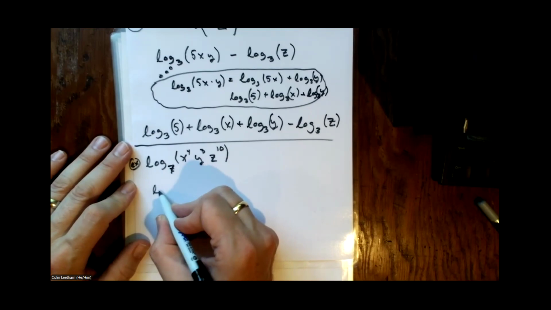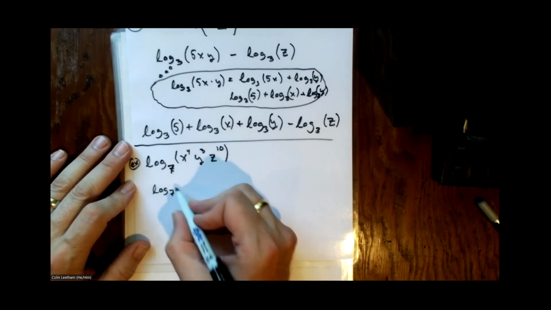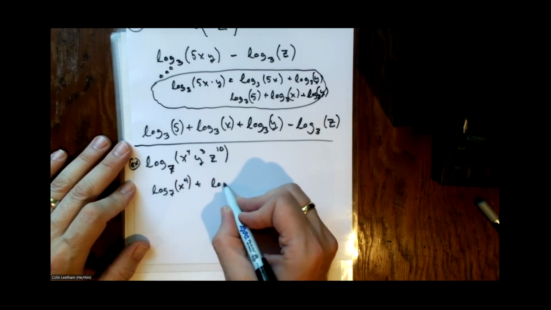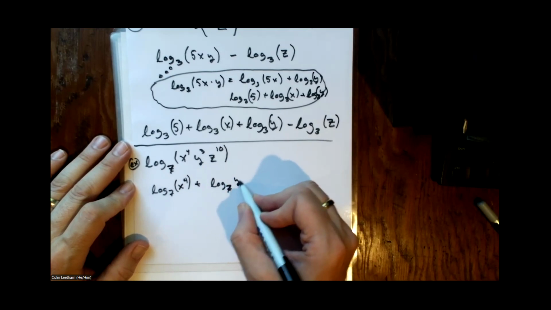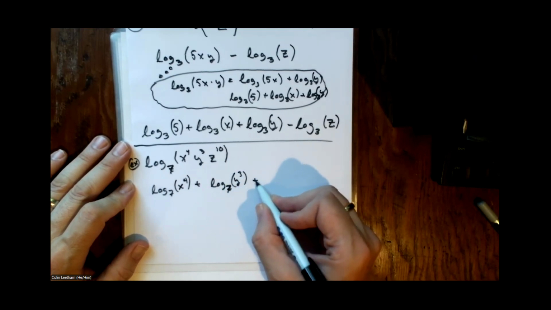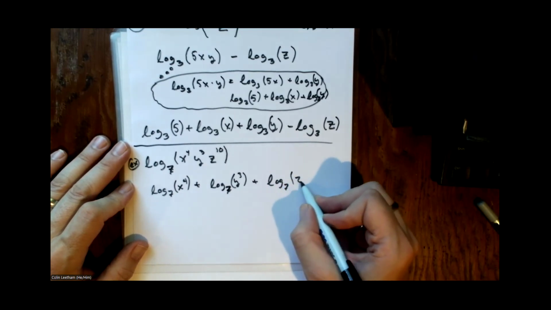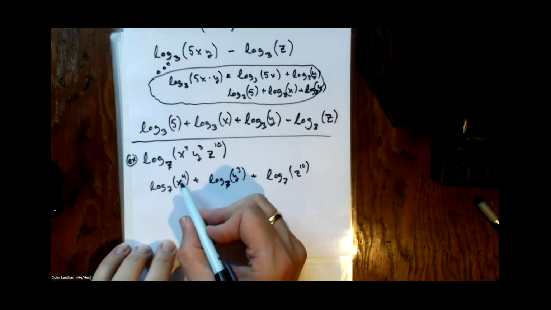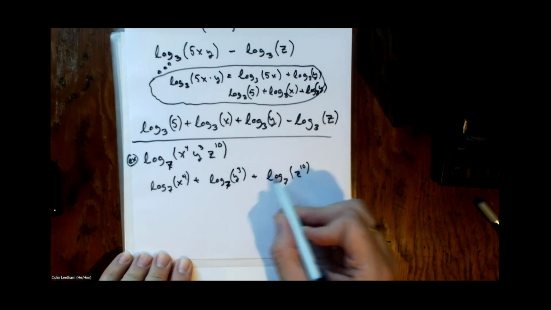So when I do this, now I've got log base 7 of x to the fourth, plus log base 7 of y to the third, and then plus log base 7 of z to the 10th. And now notice that we get to use that property where I'm bringing down these exponents as coefficients.